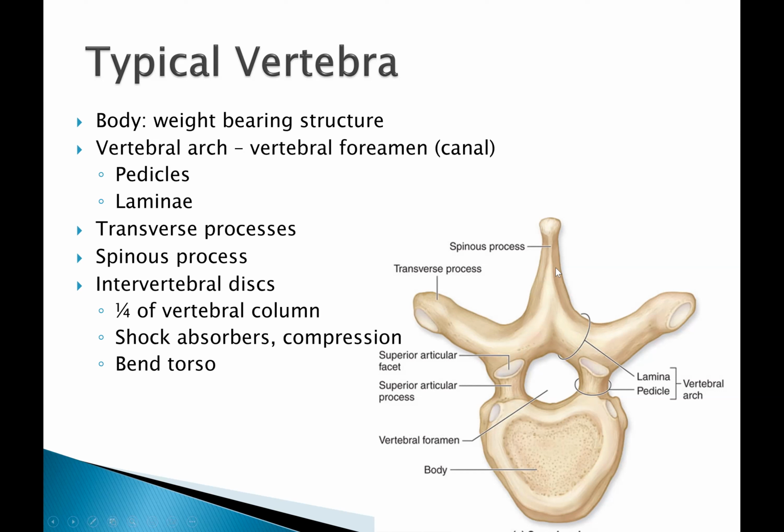This is the spinous process. If you put all the spinous processes from all the vertebral bones together, you get your spine on the back. This is why we call it the spinous process.